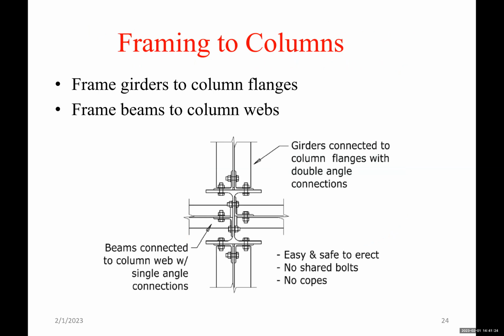Framing to columns: frame girders to column flanges, and the beams to the column web. The girders typically have larger loads, and also the flange width of the girder typically is larger than the beams because the girders are supporting multiple beams.